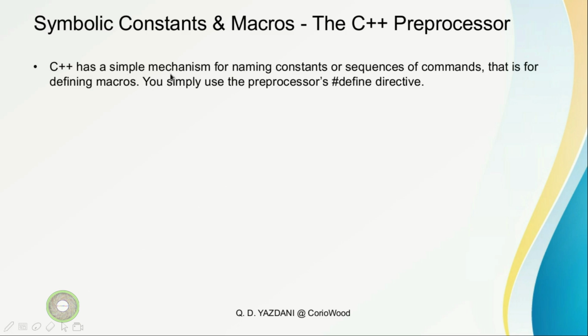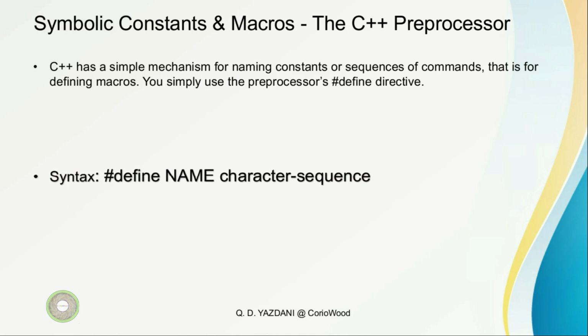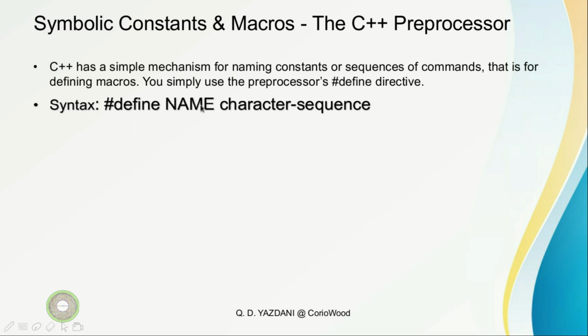C++ has a simple mechanism for naming constants or sequences of commands, that is, defining macros. You simply use the preprocessor's define directive. Anything you want to define as a constant, in uppercase, as in any other programming language, you put after a hash define, followed by the name and the character sequence.